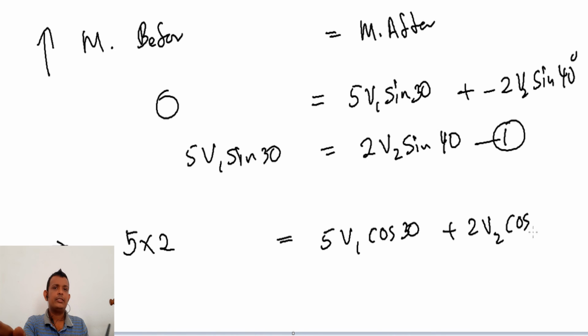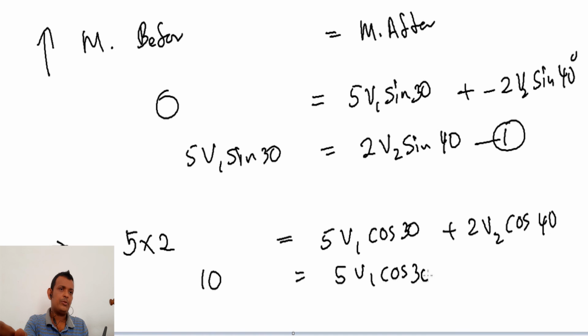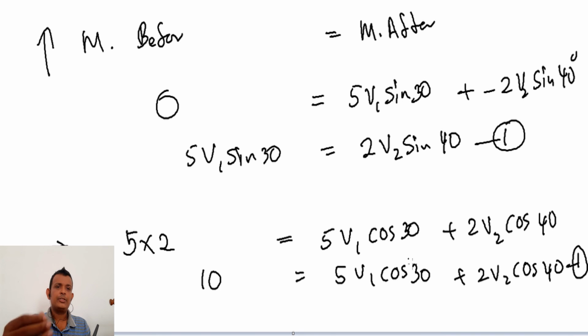So 10 equals 5 v1 cos 30 plus 2 v2 cos 40. Then I can obtain the ratio of v1 and v2. Make either v1 or v2 the subject in the first equation, then substitute into the second equation, and you will find the answer.